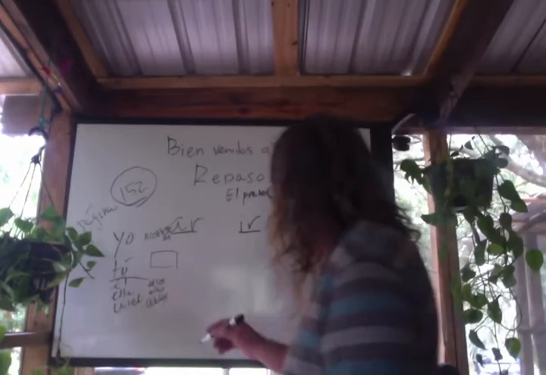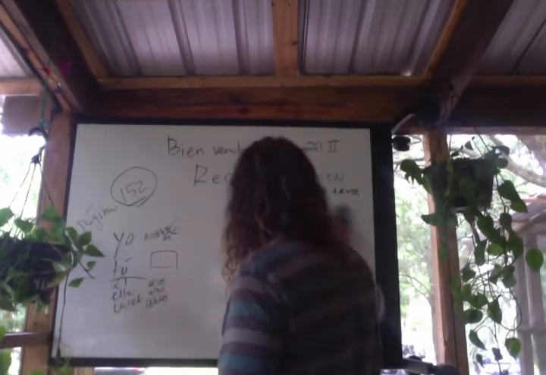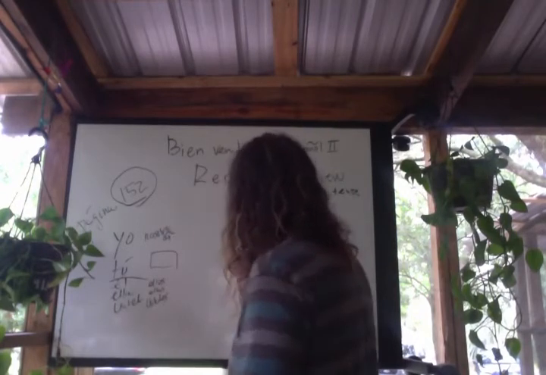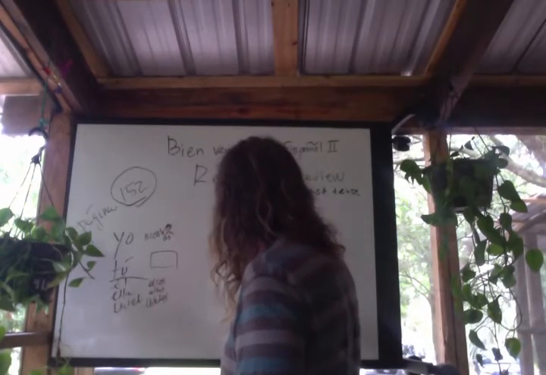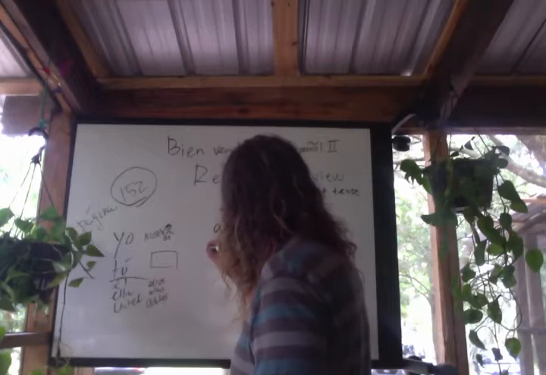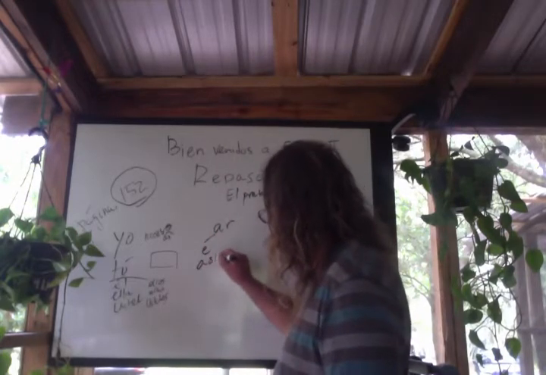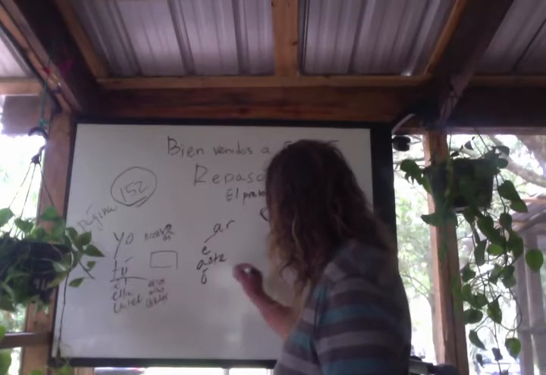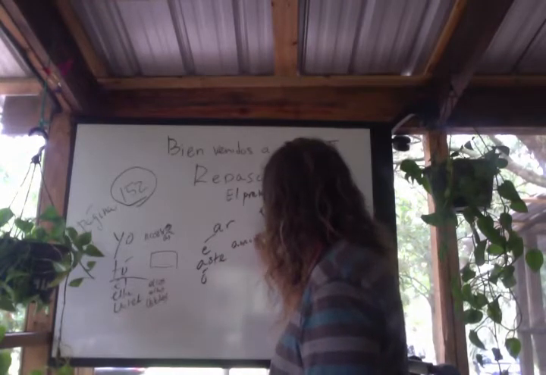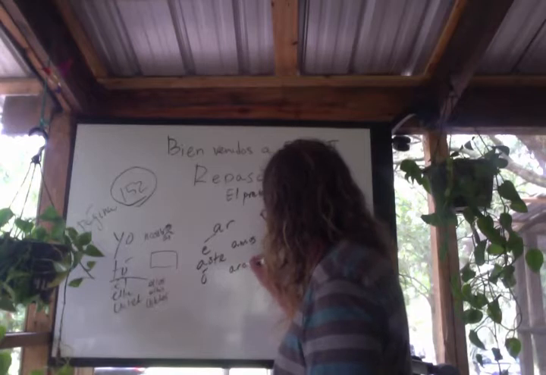So for AR verbs, you take off the AR and say é, aste, ó, amos, aron.